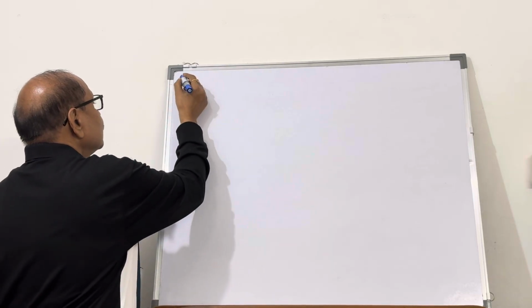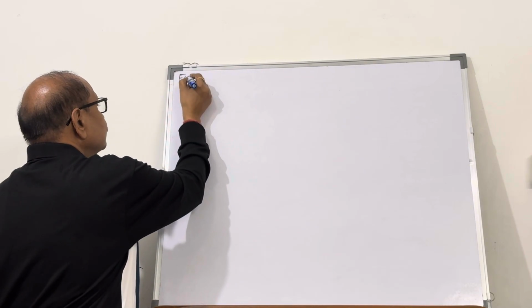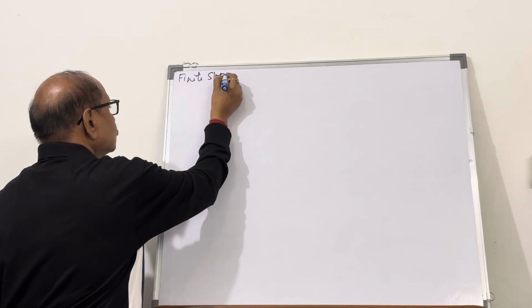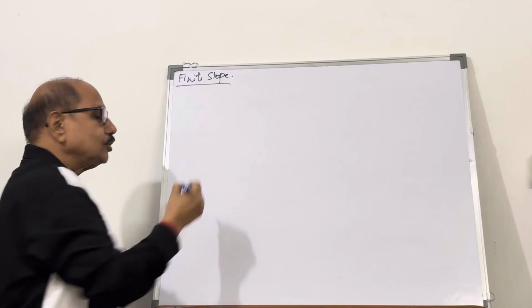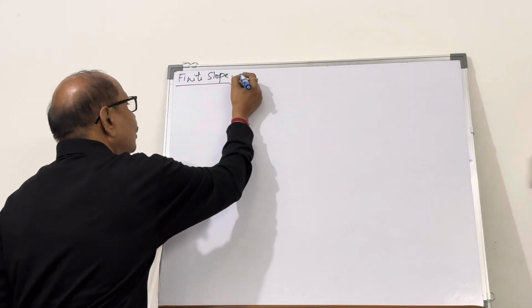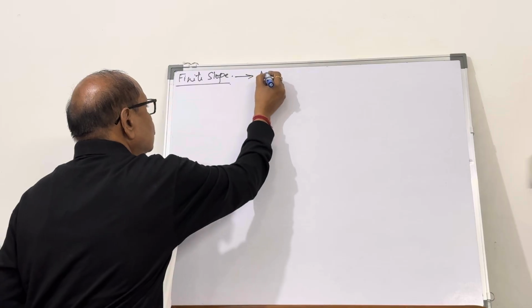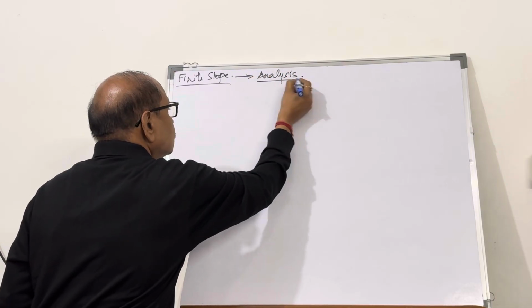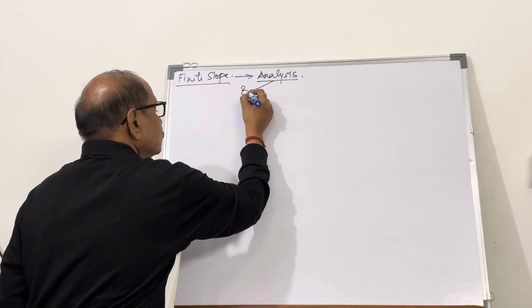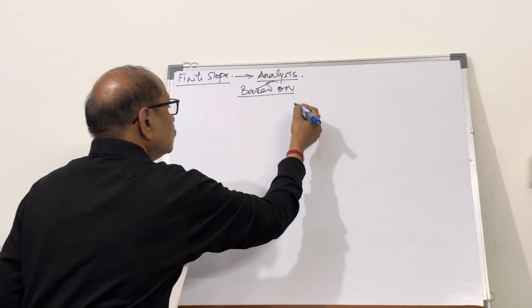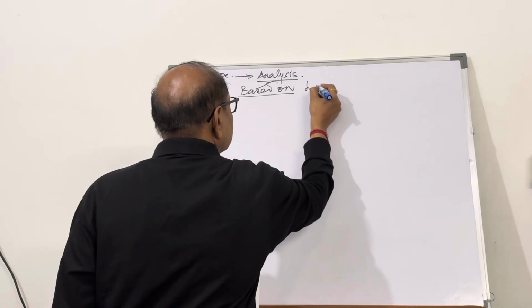So in a finite slope, as you know, the analysis of a finite slope is based on the limit equilibrium method.